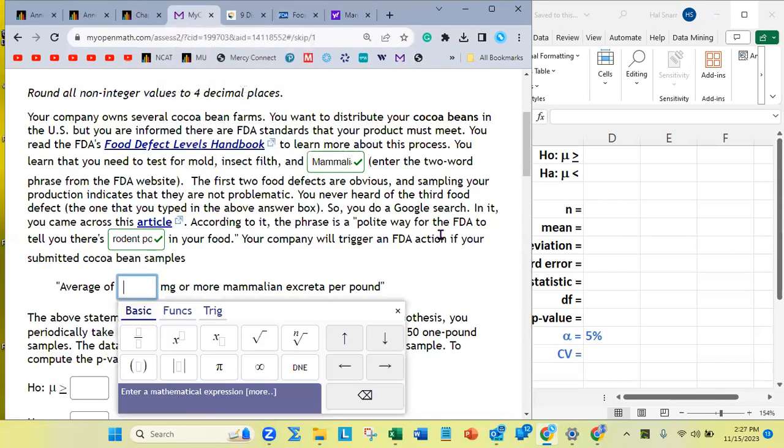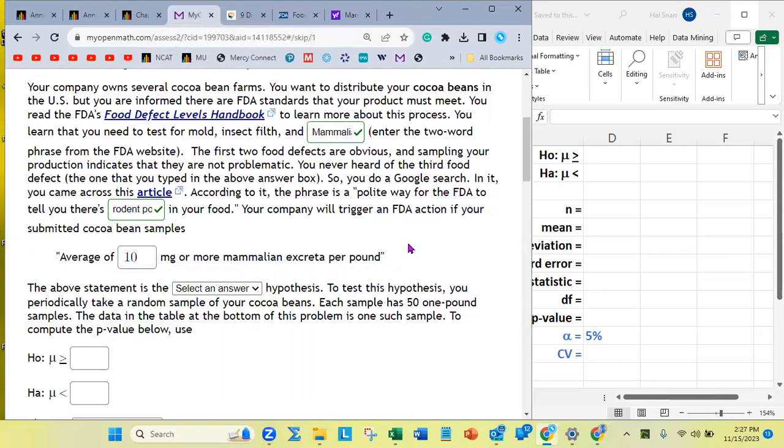Because this standard is an average of 10 milligrams or more, it includes the word equal. So if it equals 10 or exceeds 10, then it's going to trigger an FDA action against your company.